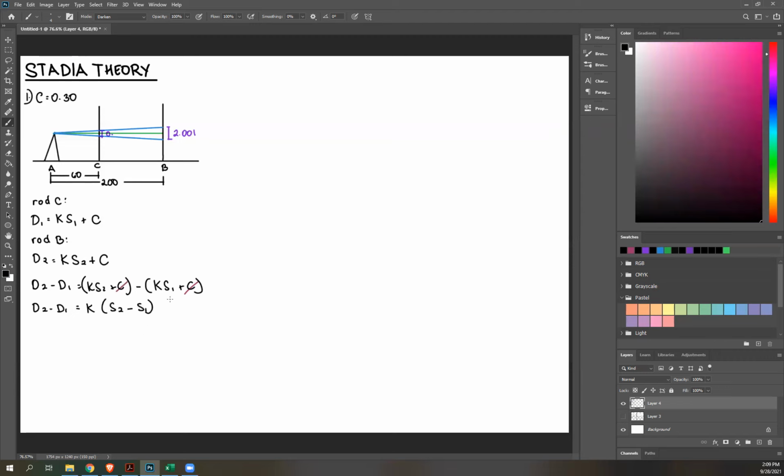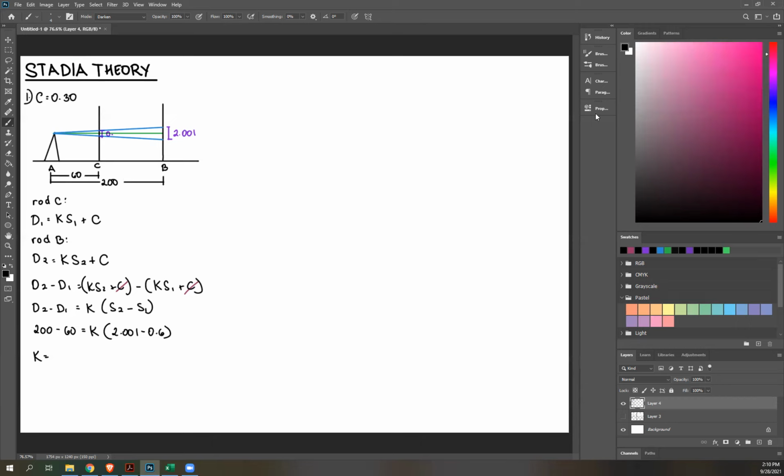Okay, now I just have to sub in my values. D2, again, that's the horizontal distance between instrument and leveling rod or stadia rod. So D2, that's at B, so that's 200. So 200 minus D1, so that's for rod C, so that's 60, equals K, which is what we're looking for, times S2, stadia reading, so that's this. It was given 2.001 minus 0.6 for stadia reading at C. Okay, from this, we can solve for K. Please solve. What's the answer?